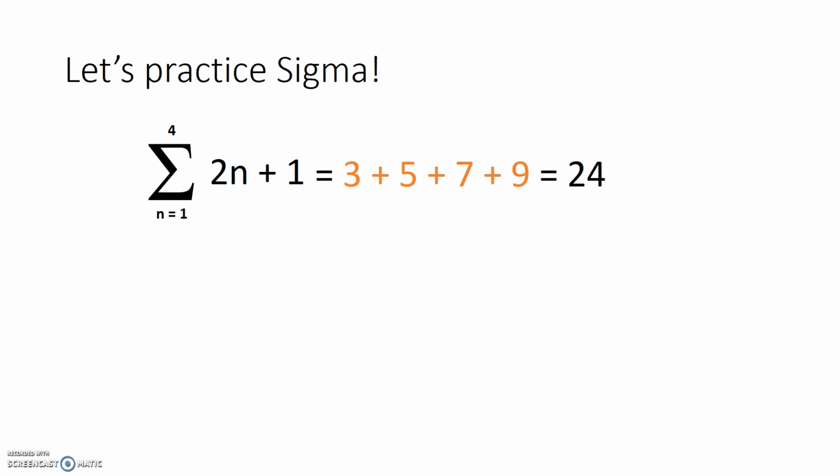And then I move up to n equals 2. I substitute 2 in for n. I have 2 times 2 plus 1. So I do the multiplication first. 2 times 2 is 4, plus 1 is 5. And you can see where I substitute 3 and 4 in for n in order to get this result.